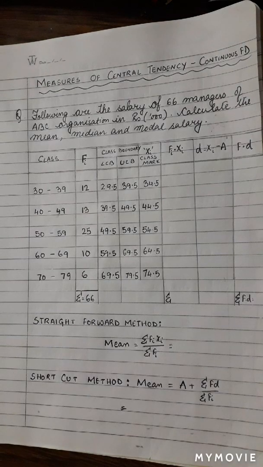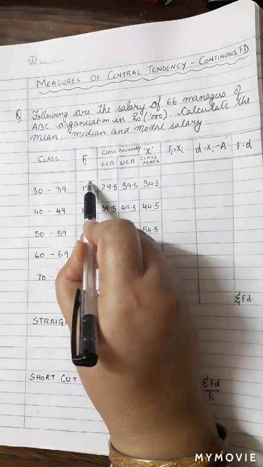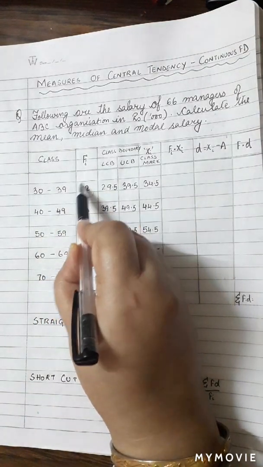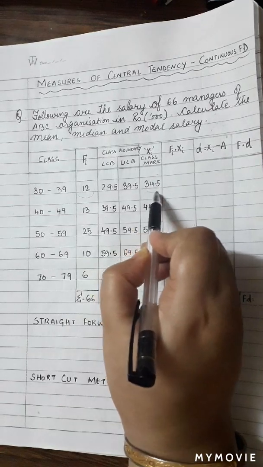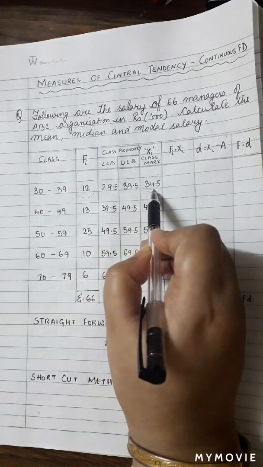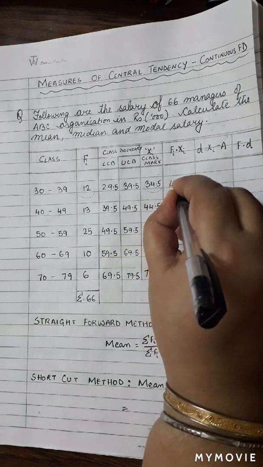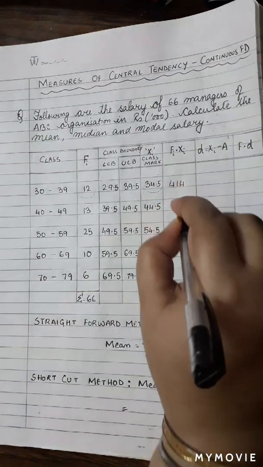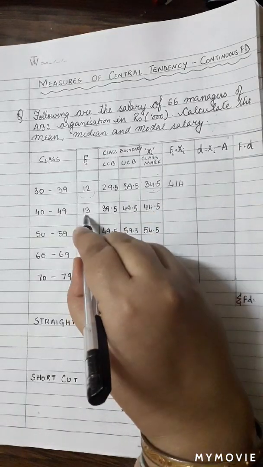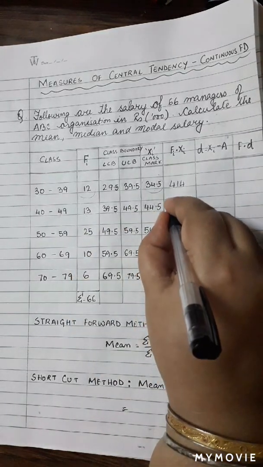Now we have to find the fx values. That means we have to multiply each of the frequencies with the corresponding class marks. So 12 into 34.5, the first value is 414. The second value is 44.5 into 13, giving you 578.5.